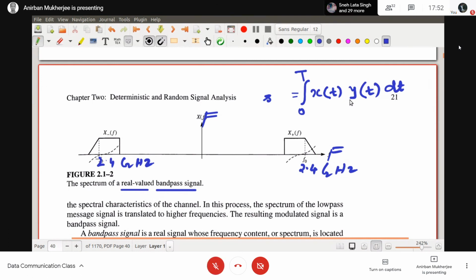Now, if instead of a discrete vector we go to the continuous domain, for real valued signals instead of the summation of A_k B_k, I take the integral from 0 to T of x(t) y(t). Dot product means similarity. Do you understand that? Yes, sir, I got the correlation.